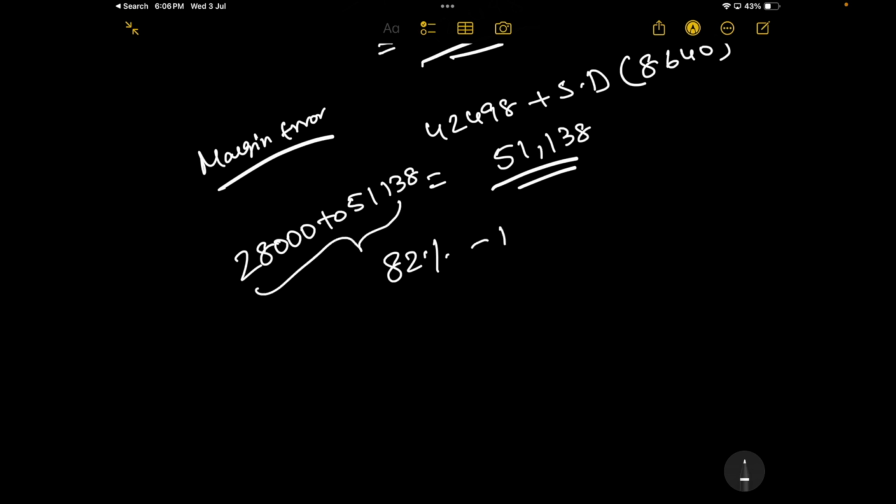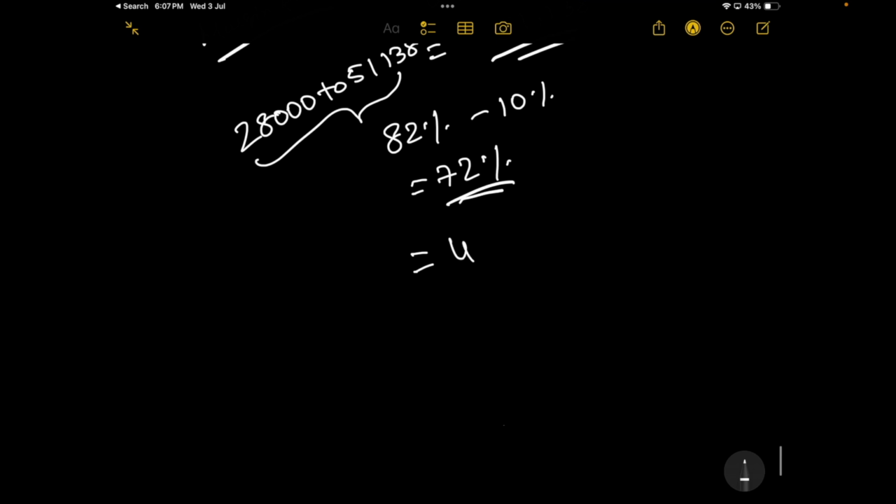Now minus 10%, that equals 72%. So this is your expected sales, the maximum sales you can get. That means you can make around 45,000 rupees approximately this month in May.